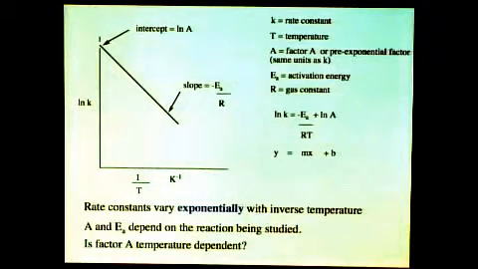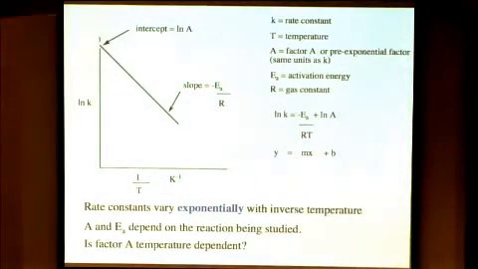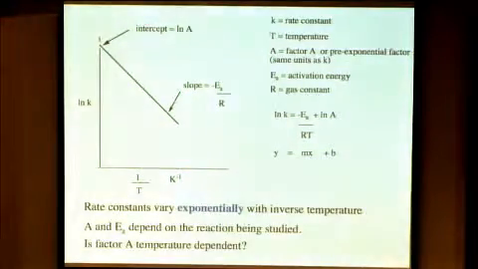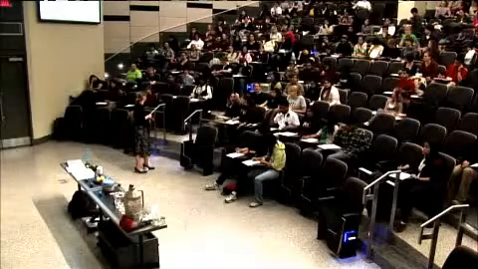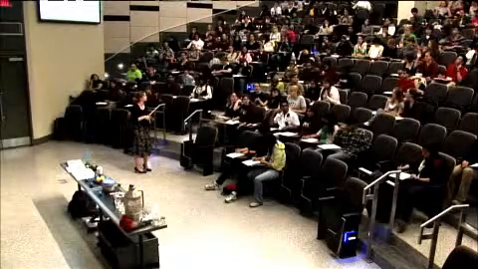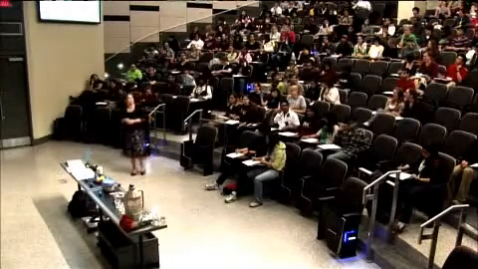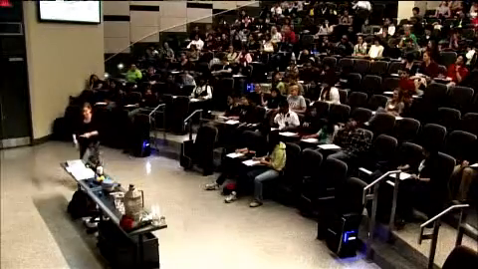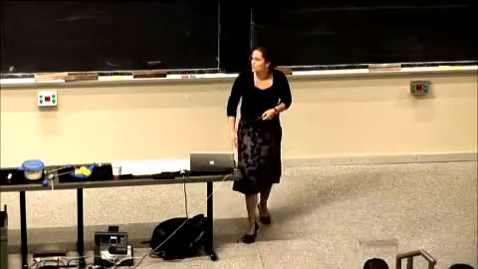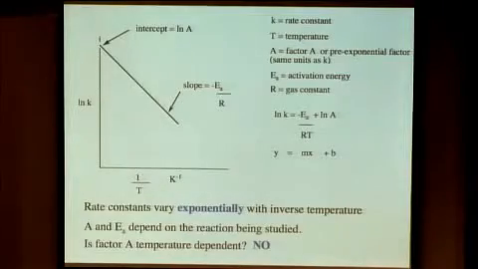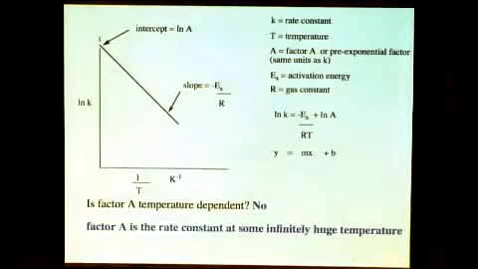So let's think about this term factor A. What is it exactly? Do you think it would be temperature dependent? How many people think yes, it would be temperature dependent? How many people think no? Some people are not going to commit. The answer is no.